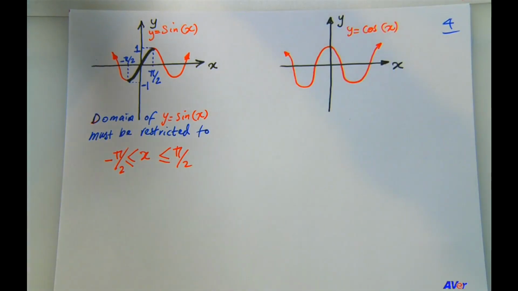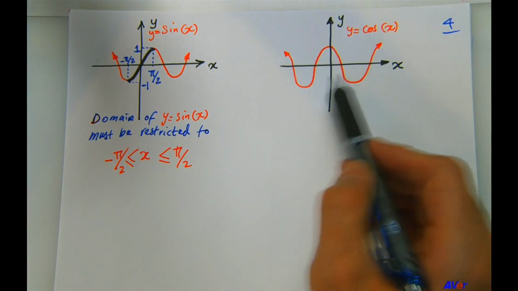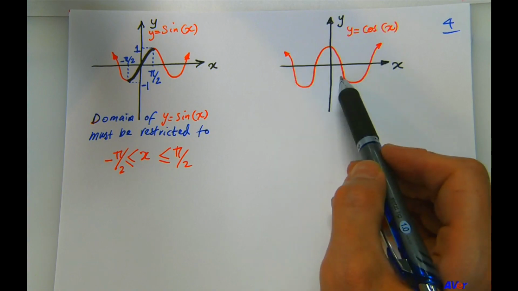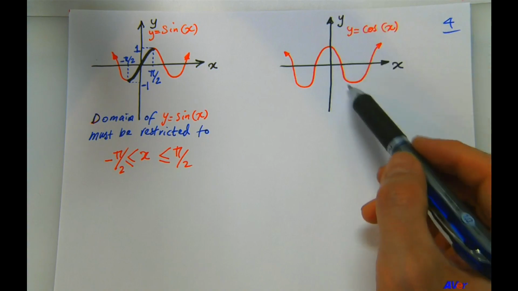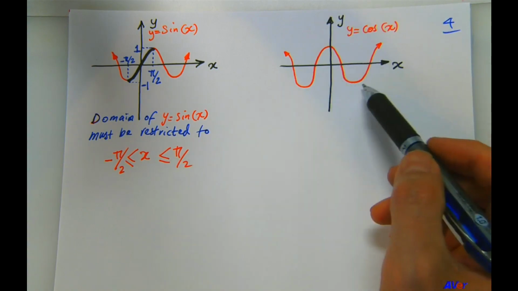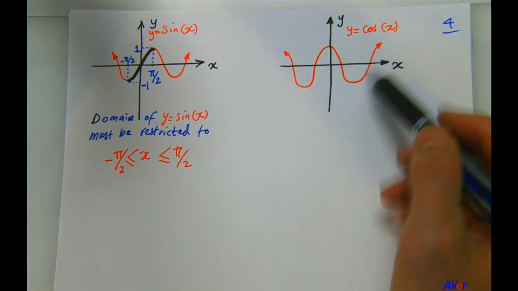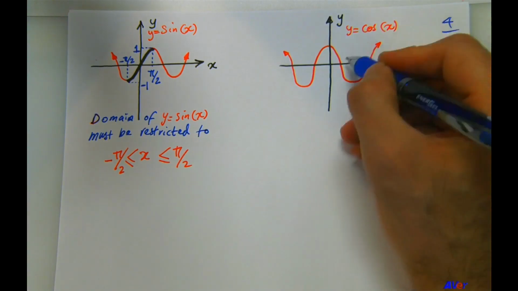Okay, so for sure you can see that this function as it is will fail the horizontal line test and it will not have an inverse. So we definitely should limit the domain for it if we want to have an inverse. Well, the question is where we should limit the domain to. Well, let's see.